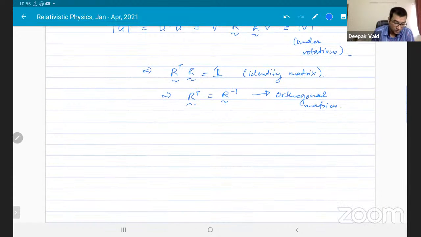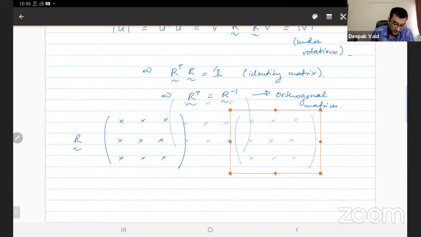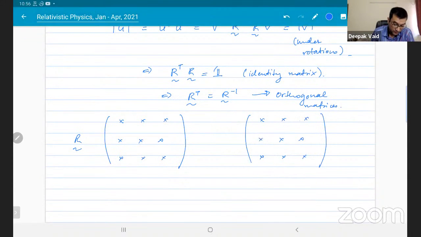The reason they are called orthogonal is because if you consider, now I'm giving an example for a 3 by 3 matrix, but it's true for an arbitrary matrix, okay? If you consider some matrix R and you consider its transpose, right? Then what are you doing?